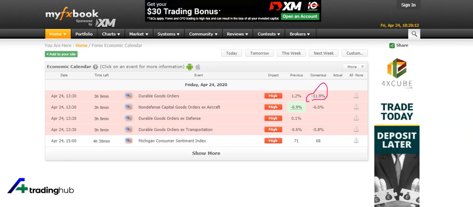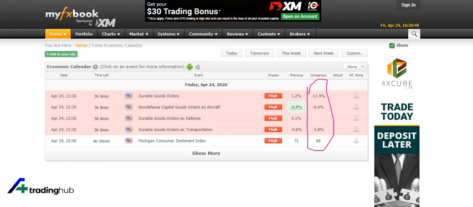So the bottom line is, if all this news comes out negative the way they are being projected here, in about 3 hours from now, the US dollar is going to be weak for the short term. But I believe these projections are here because of COVID-19, the pandemic that is disturbing the whole world.